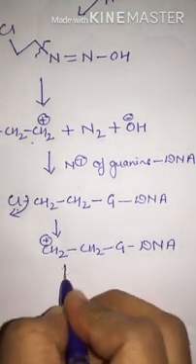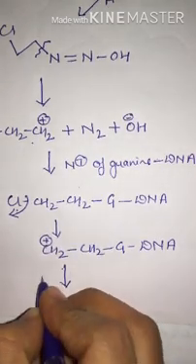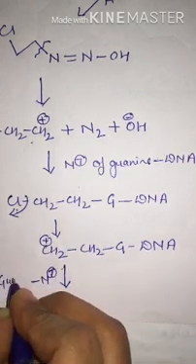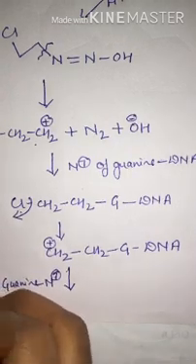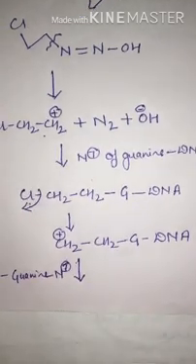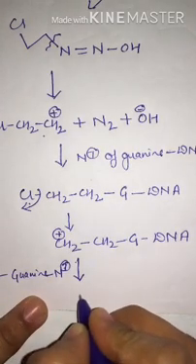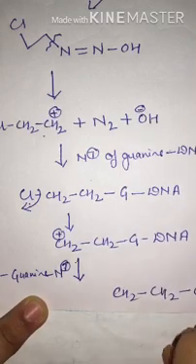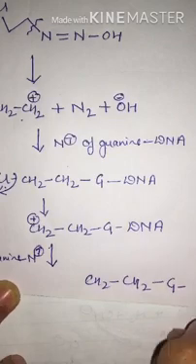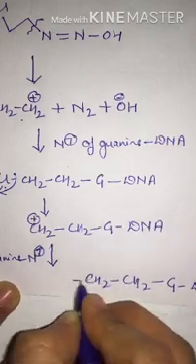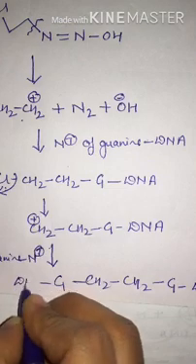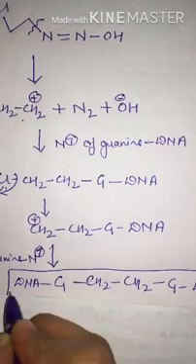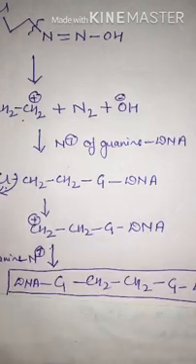Next what happens, again this electrophile is now ready to attack the N7 position of guanine in DNA. So we have CH2, G, DNA and G, DNA. So this is the alkylated DNA with the nitrosourea.